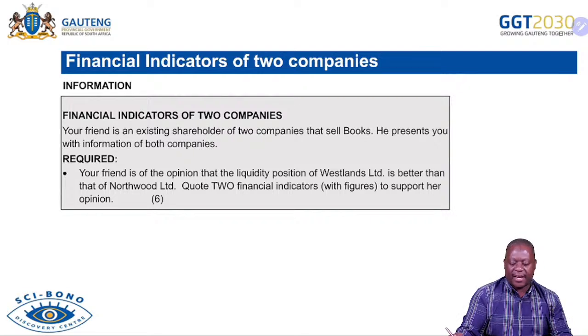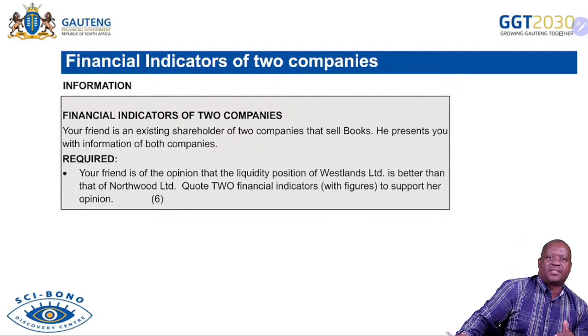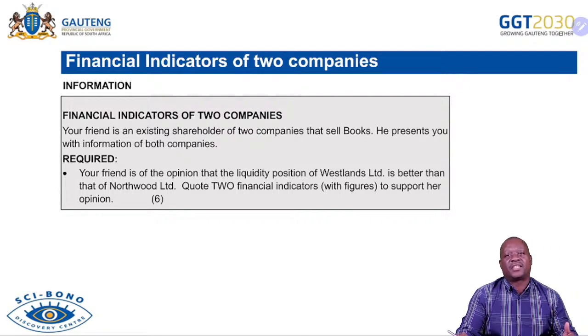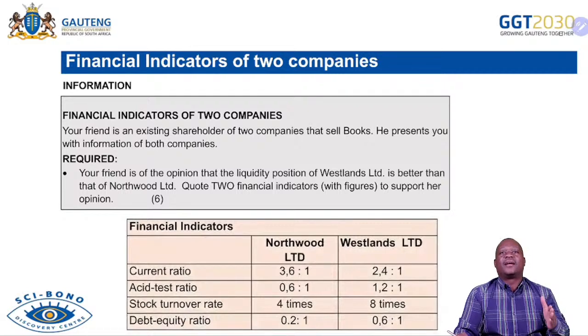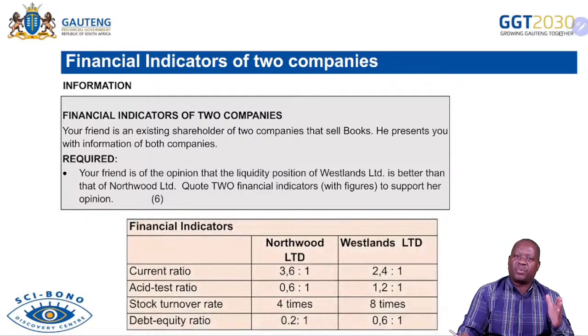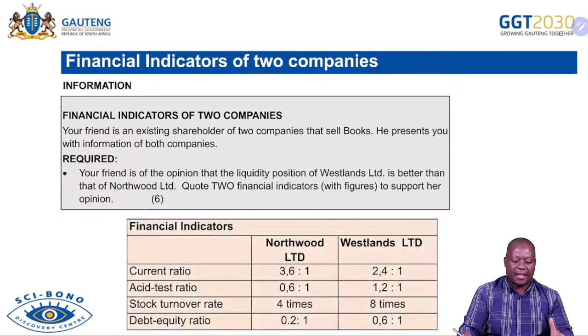Quote 2 financial indicators, remember always with figures, to support her opinion. Let's see if your friend has got enough financial knowledge as you have so that you can be able to advise. So the friend is saying the liquidity position of Westland is better than that of Northwood Limited.